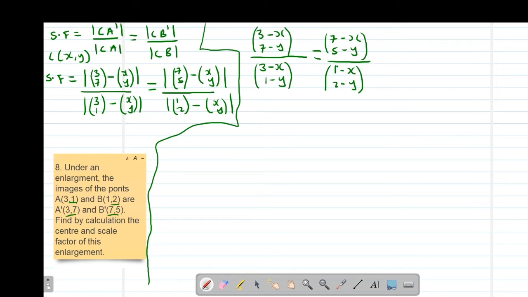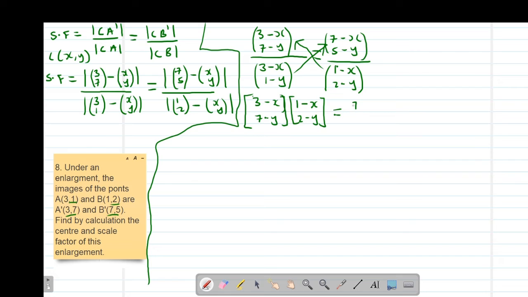Of course, after this, you simply cross multiply. So this one should multiply with this part. So I'll have 3 minus x in brackets, we have 7 minus y. So these are larger brackets. This one should be multiplied with this, which is 1 minus x, then 2 minus y. So these two should be equal to, this part multiplied with this.